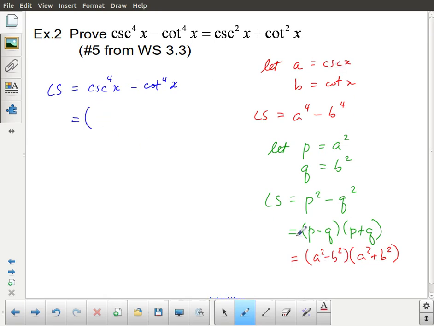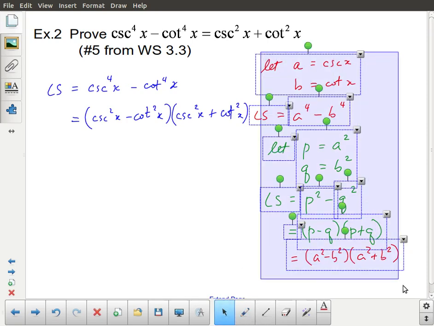So this first bracket is actually cosecant squared x minus cotangent squared x. And then the second bracket is cosecant squared x plus cotangent squared x. Just going to move all of this stuff a little further to the right, get it out of the way.